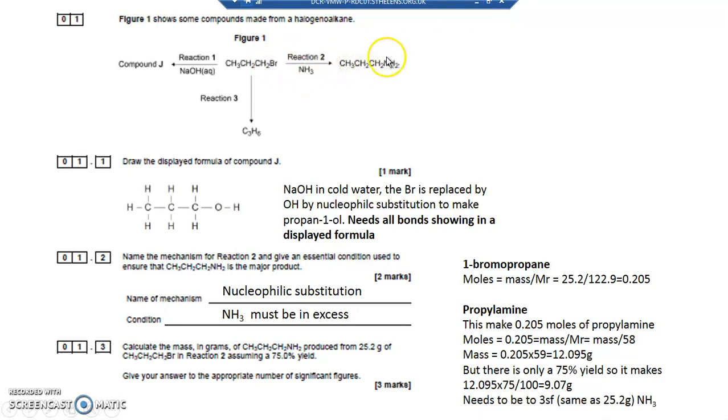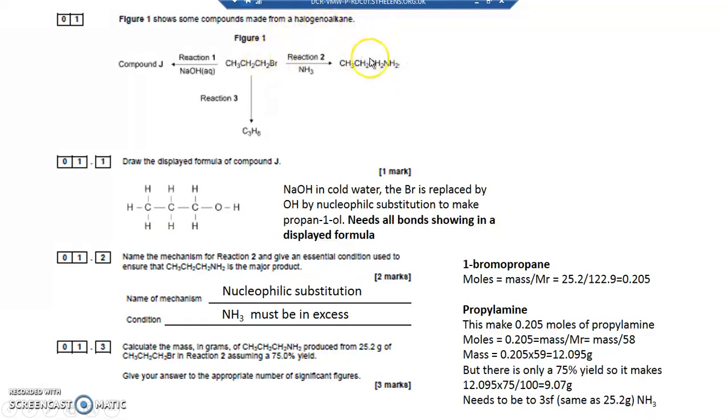Now this has got a lone pair of electrons on the N. The N can react again and replace the Br 3 times over. So it can create an N with 3 propyl groups on it, 3 CH3, CH2, CH2s.